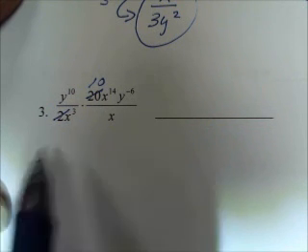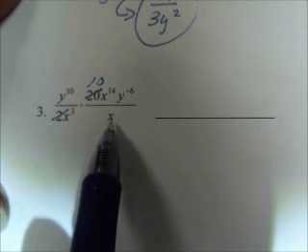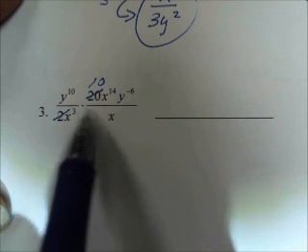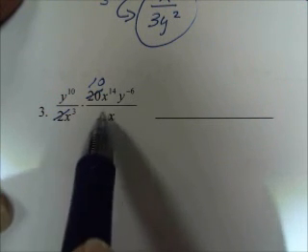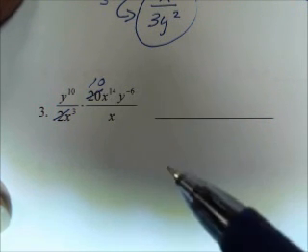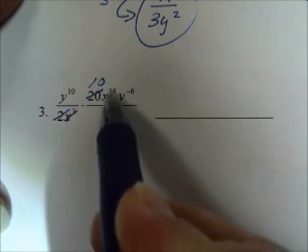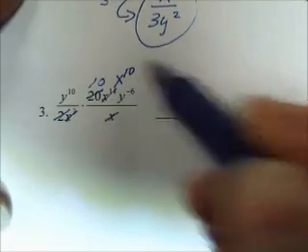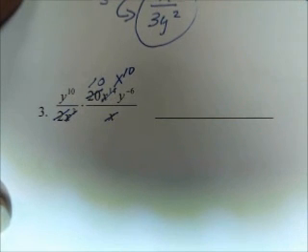The variables, my x's, have an x to the third and an x to the first in the denominator. So that would be actually x to the fourth, and x to the fourth would reduce with x to the 14th, leaving you with x to the 10th, because 14 minus 4 would give you 10 in the numerator.